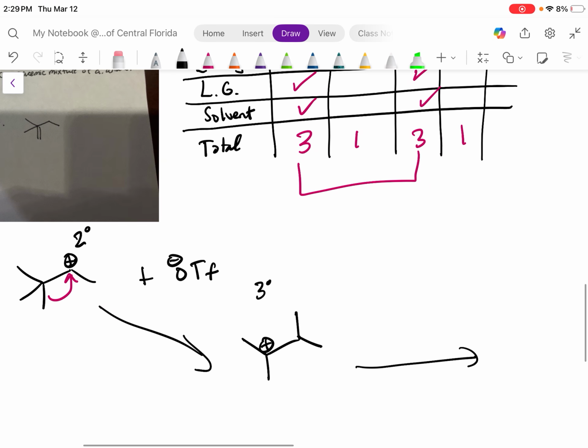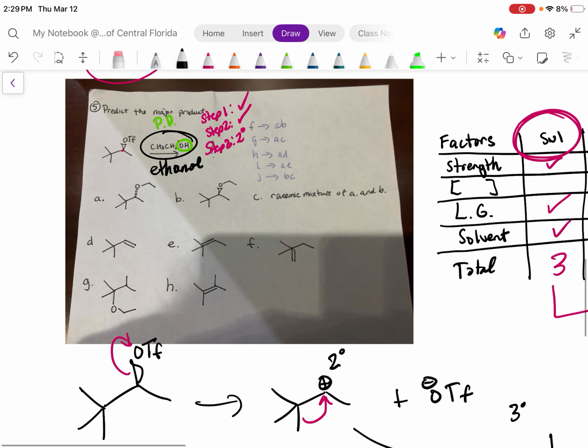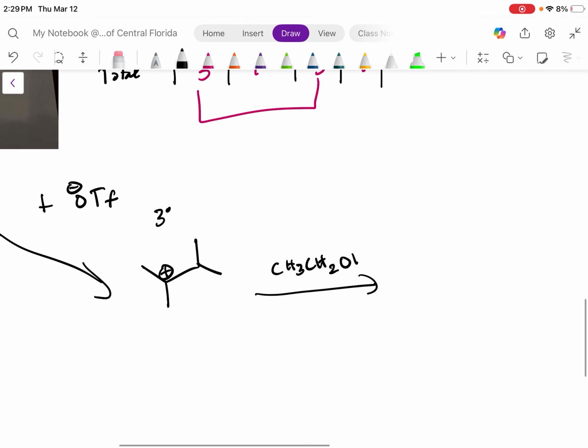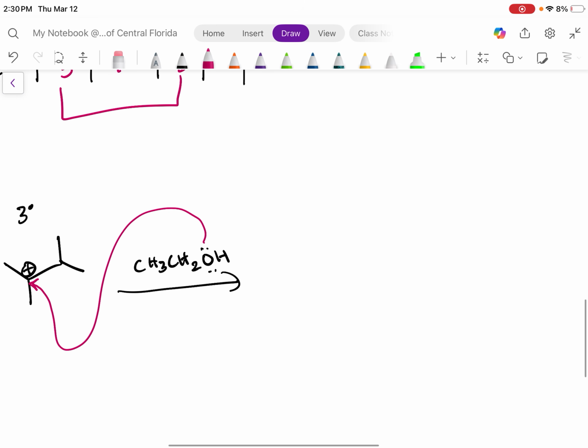Okay, and now that we have our carbocation, what's our attacking species? Ethanol. Like this, and then that's going to come in and attack. It can attack from the front face or the back face. Both are options. And then we have O. That oxygen atom right here has formed a bond with the carbocation. And that's what I'm drawing right here, that oxygen forming a bond with that carbon.